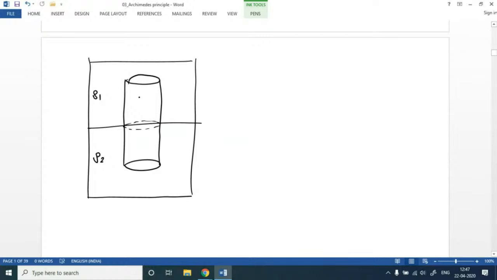Let's say the volume of the solid in liquid 1 is V1 and the volume of the solid in liquid 2 is V2. Now we are interested in finding out the net buoyancy. That is the first thing we want to find out.